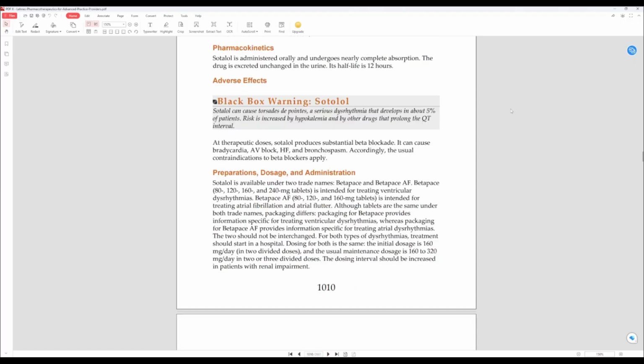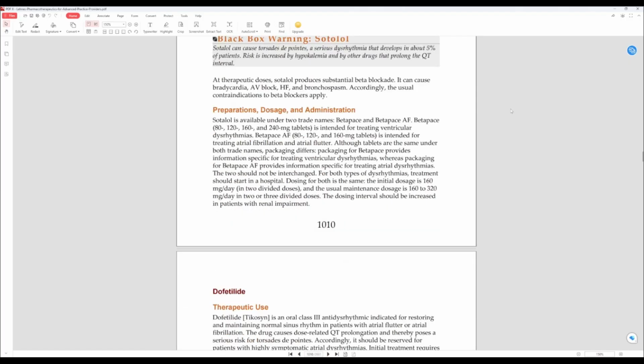Preparation, dosage, and administration. Sotalol is available under two trade names, again, Betapace and Betapace AF. Betapace is intended for treating ventricular dysrhythmias. Betapace AF is intended for treating atrial fibrillation or atrial flutter.